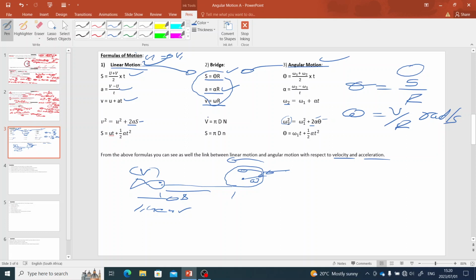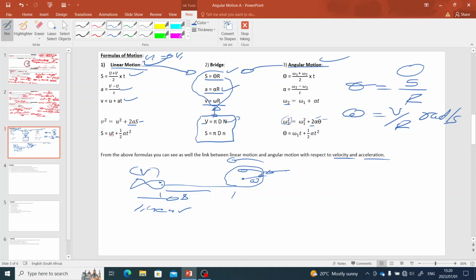Then we have additional formulas that I want us to look at. I like to associate them with the bridge formula because here as well you have the concept of linear and angular. Now, if they want you to calculate the linear velocity, you are given the rotational frequency.